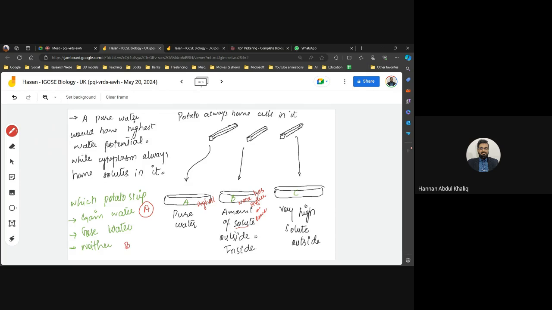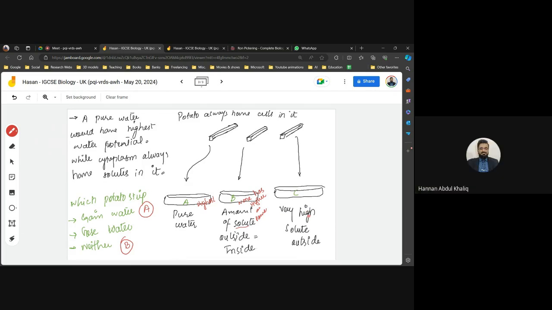So neither would happen in B. The strip B would neither gain nor lose water. Got it?